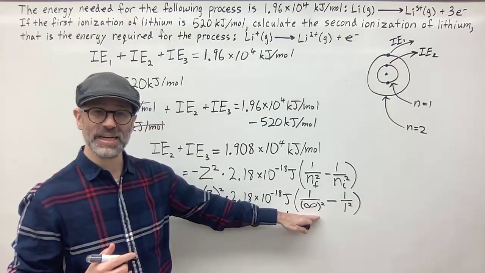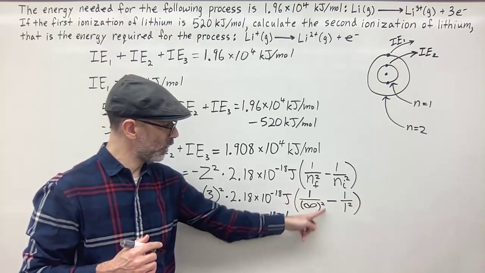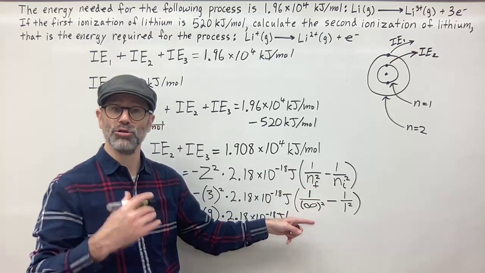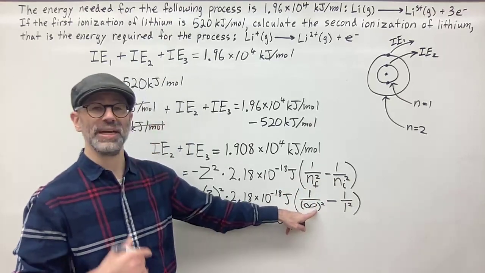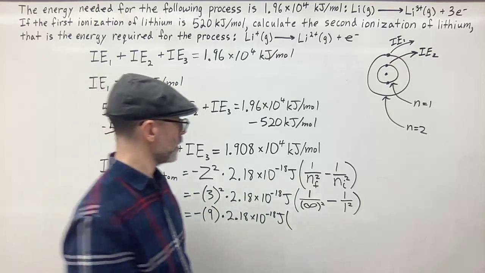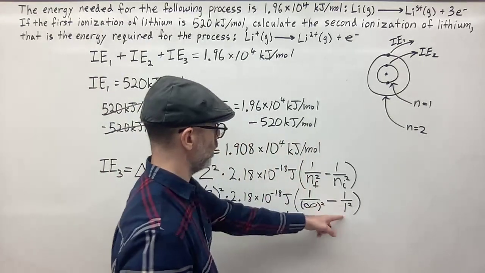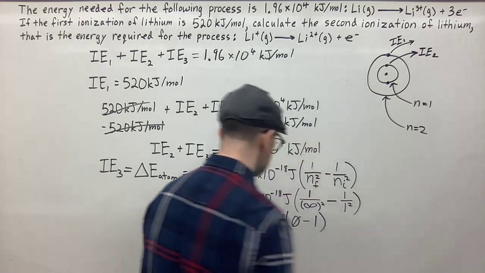That is going to be 0, because as the denominator gets larger, this whole thing is approaching closer to 0. It's getting smaller and smaller and smaller. So if you go to an infinite number, then this is practically 0. So this is going to be 0 minus 1 divided by 1 squared, which is 1.